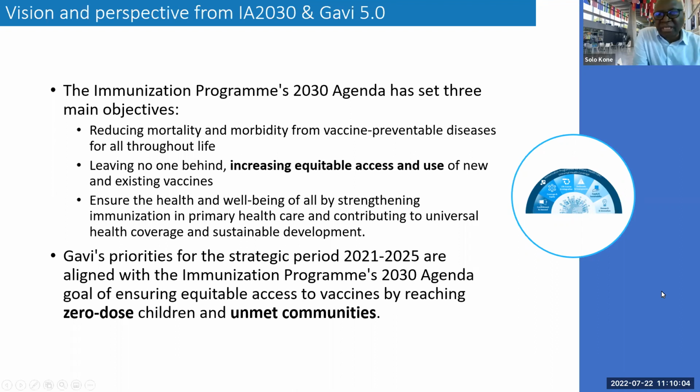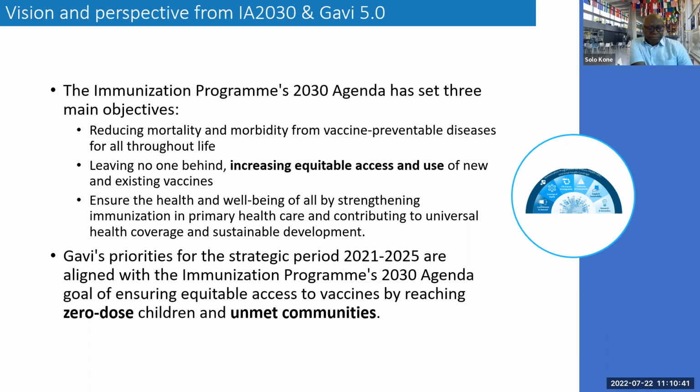This is Immunization Agenda 2030. Gavi 5.0 priorities for the same period, 2021-2025, are aligned with the Immunization Agenda, with the goal of ensuring equitable access to vaccine by reaching zero-dose children and unmet communities. So you see that in this new initiative, to achieve that, you have to implement the services in a way that you can achieve those objectives.